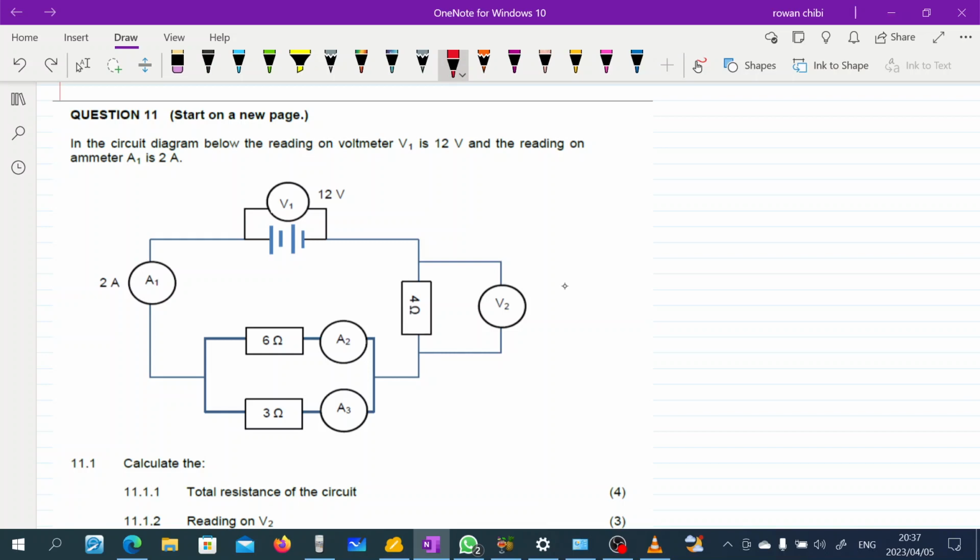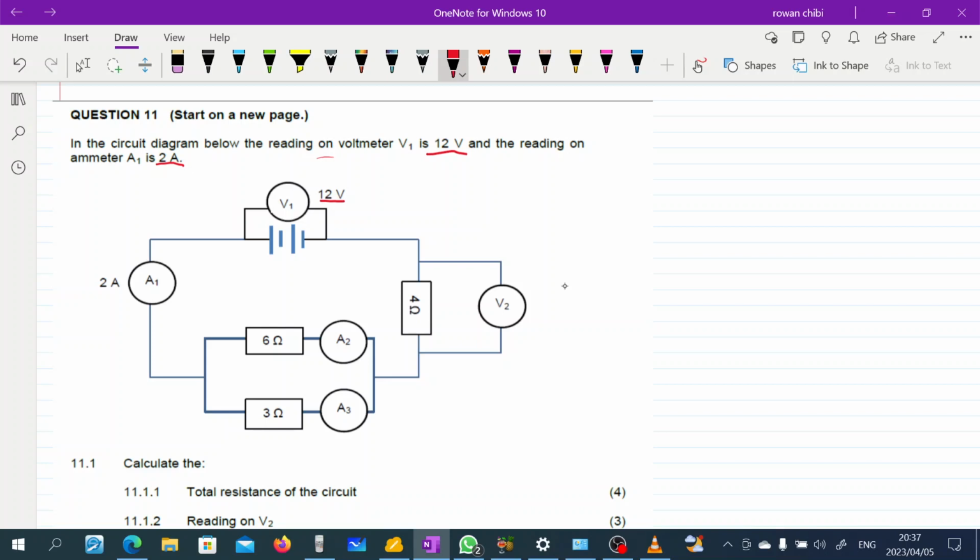It says, in the circuit diagram below, the reading on the voltmeter V1 is 12 volts and the reading on ammeter A1 is 2 amps. So this means that this battery has a voltmeter, and this voltmeter is reading the voltage of 12 volts.